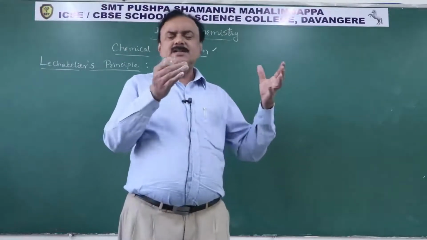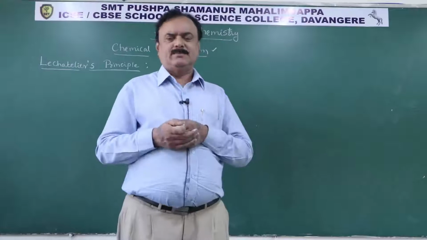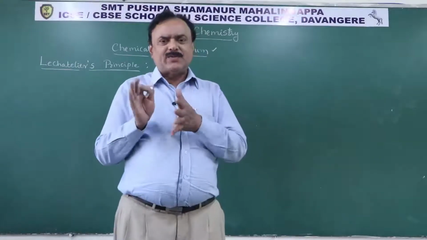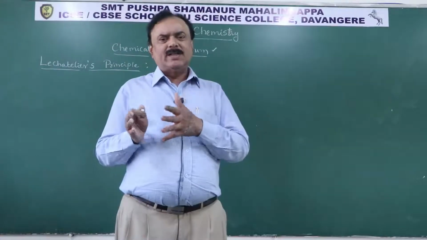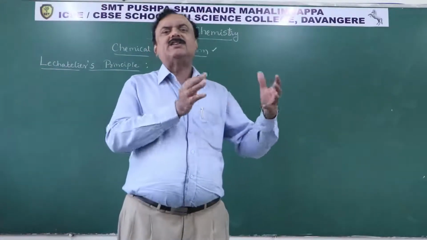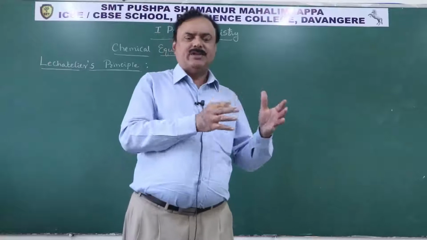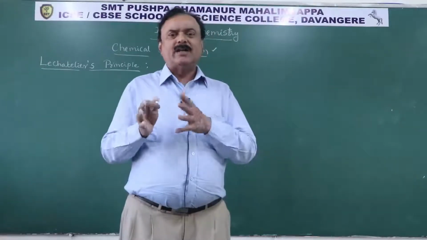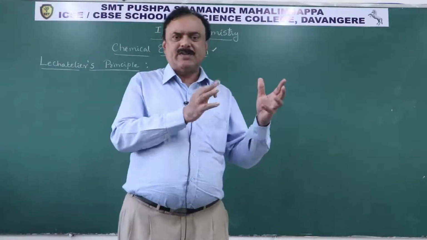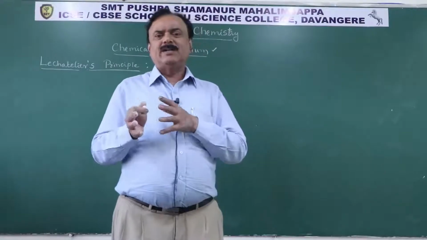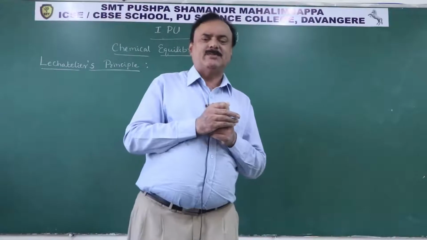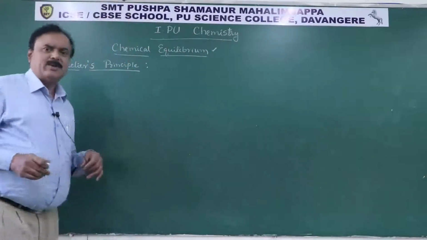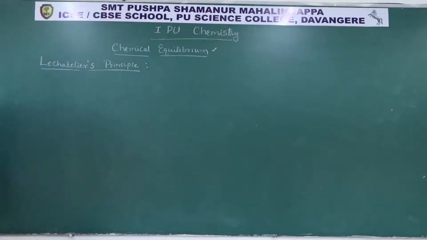When these constraints are added to the equilibrium system, the equilibrium is shifted in such a way that it counteracts or nullifies the effect of the applied constraints, whether applied pressure, applied temperature, external addition of any one of the chemicals, or the addition of zero group elements or inert gas elements. Therefore, very important.